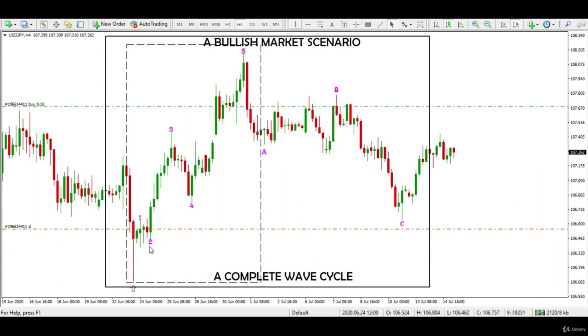Once again, wave 2 corrects the price of wave 1 and wave 4 corrects the price of wave 3. And once wave 5 comes to an end, we see a larger correction in the form of ABC.